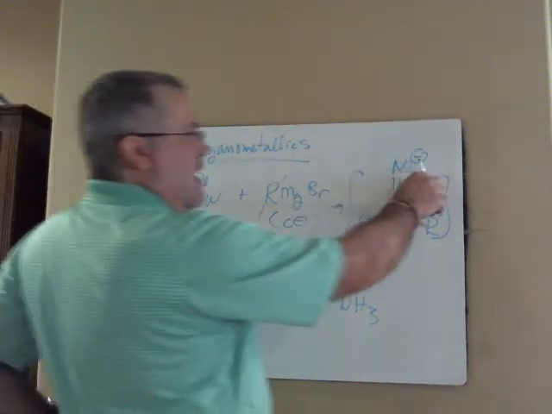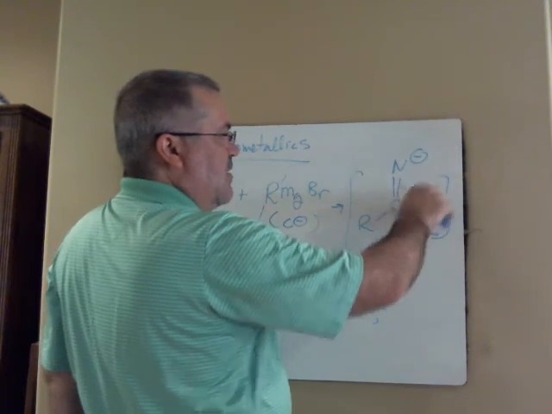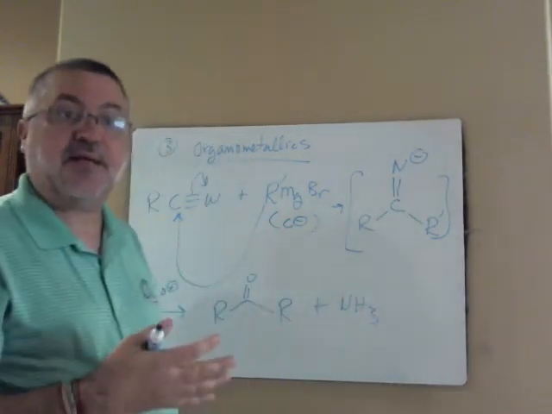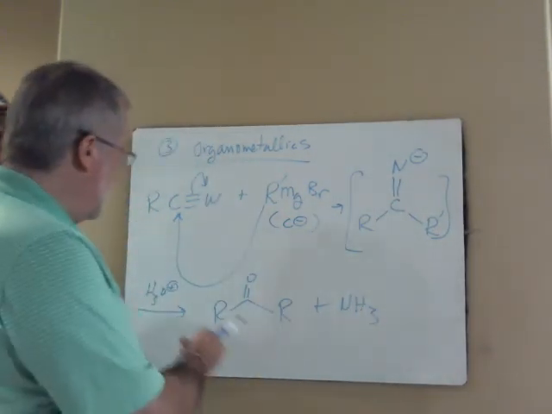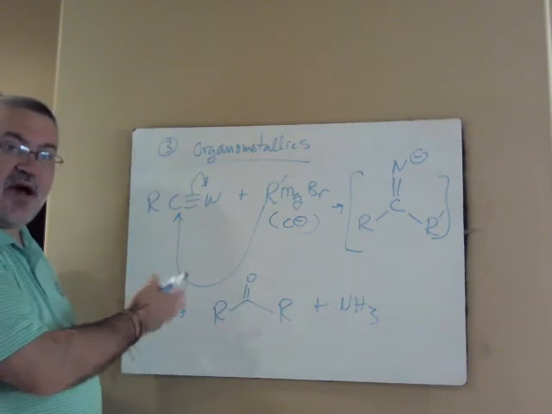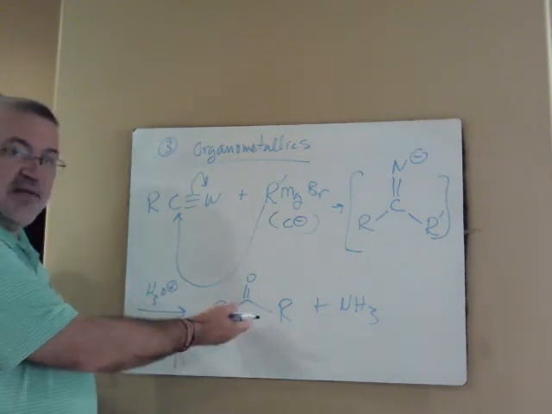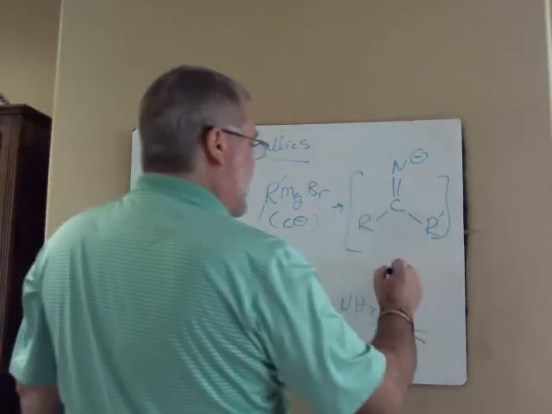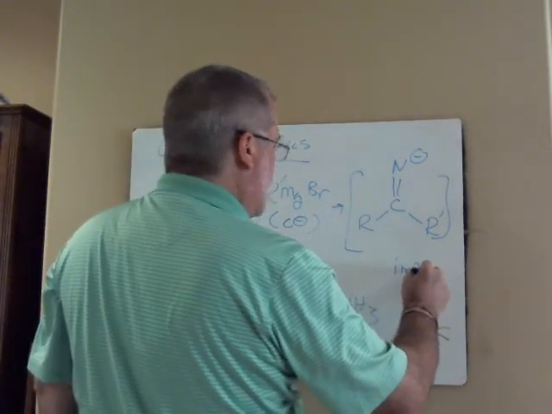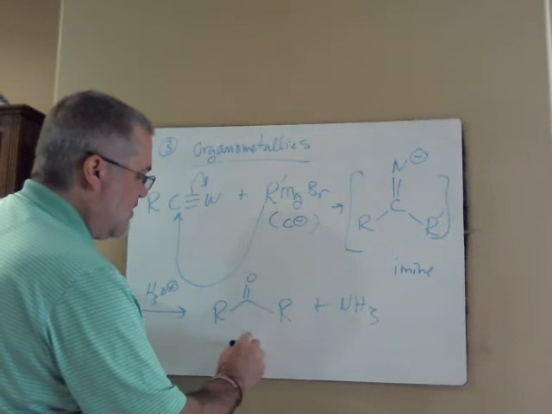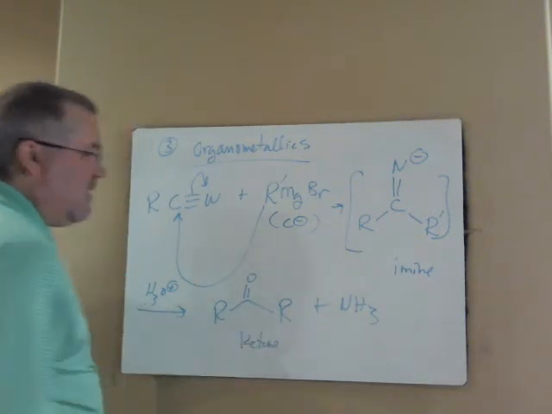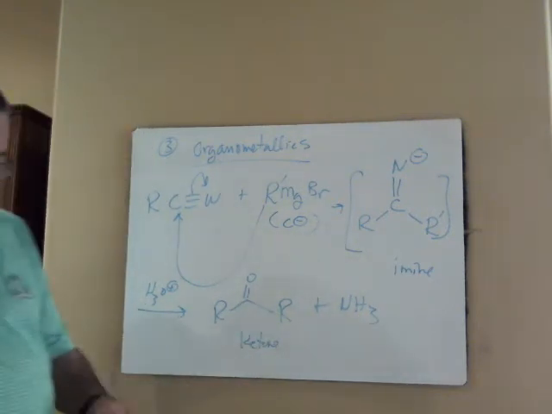Because you protonate this and you end up with basically an imine. And then when you hydrolyze an imine, you form the ketone. So imine hydrolyzes to ketone. And that's something that we've already seen.